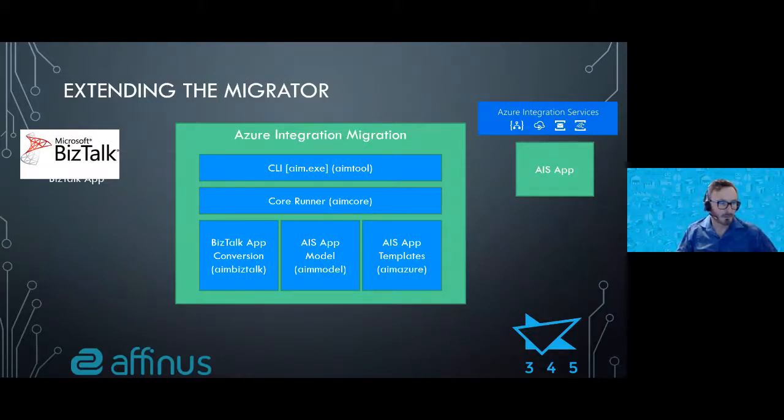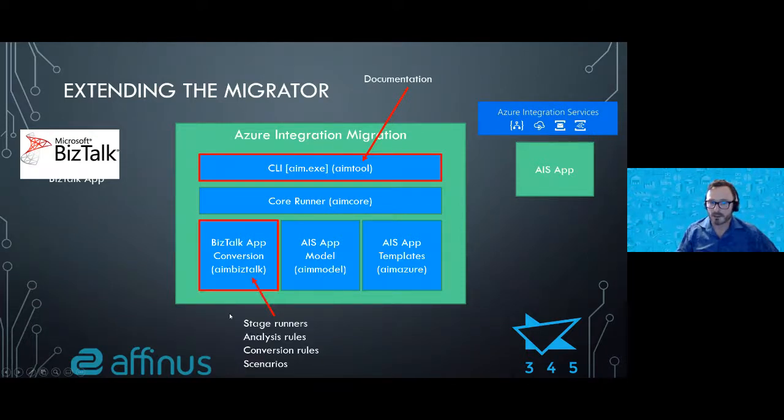But at the moment, the main place you're going to make contributions is the AIM tool repo, because that is where the documentation is, that's where the user guide is, and that's effectively the entry point, the program you're actually running. Chances are the first thing you're going to want to do is either raise an issue, a feature request or a bug, or look at or improve the documentation. So your first stop will probably be the AIM tool repository.